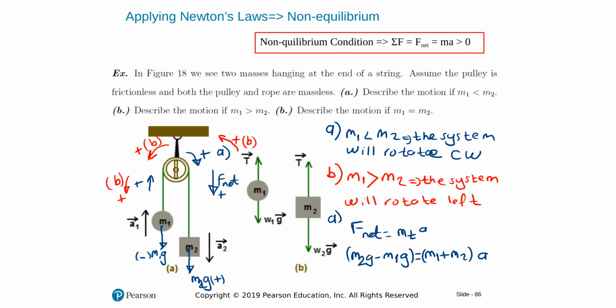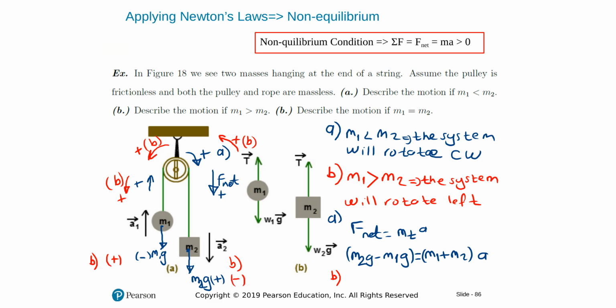For B, everything will be inverted, but the idea will be the same. Let me also write that down. So for B, this side will be positive, so M1G will be positive for B. Again, the red color is for part B. And M2G will be negative now.